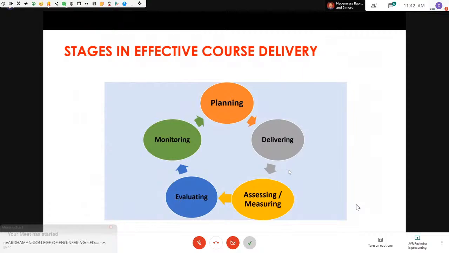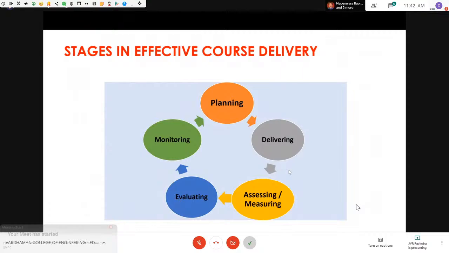Finally, monitor, because this is the main thing. When the student is an underperformer, don't leave them, because you are the only beacon of light to that particular student. You have to call them and ask why they are not doing well, and what extra thing they require.